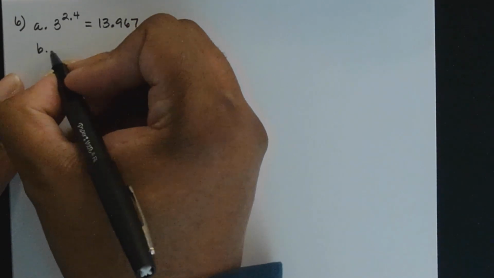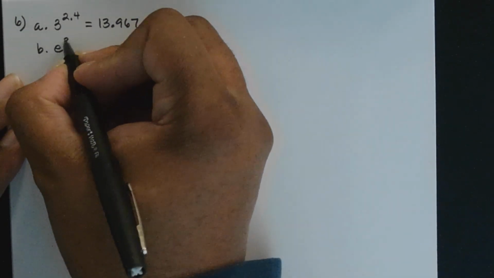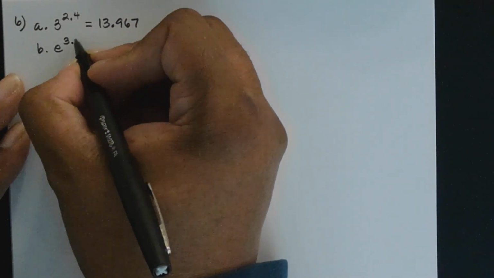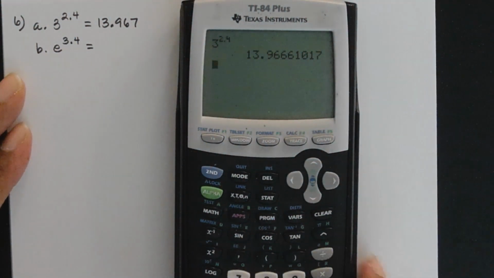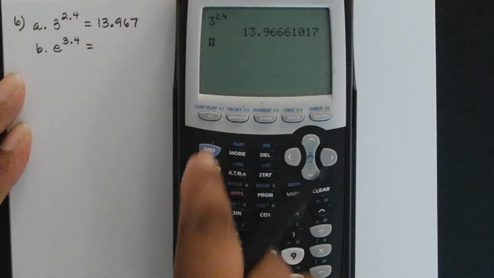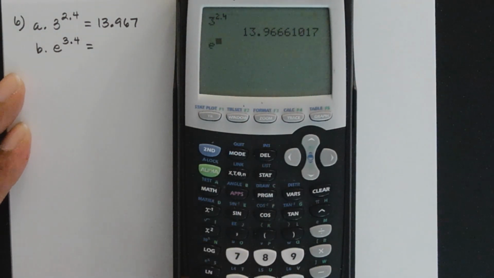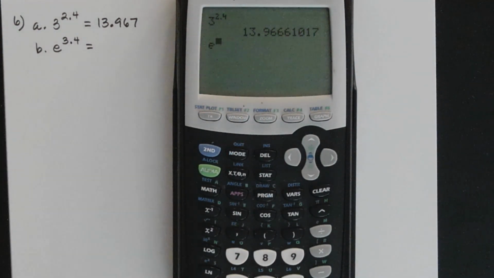And then in part B, we've got e raised to the 3.4 power. Now for the e, of course, we're going to press second and then your LN button for e to the x.